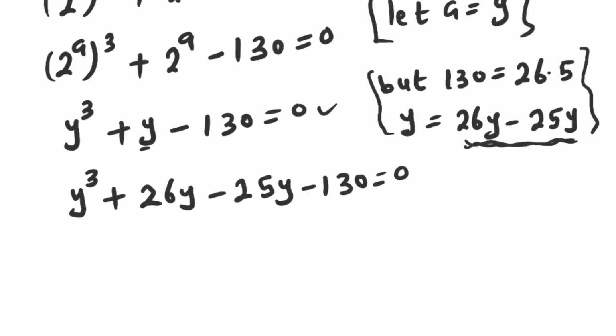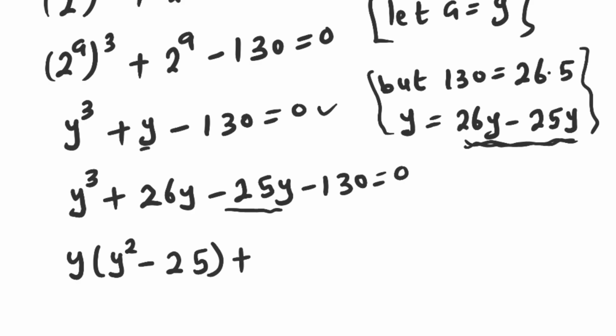Now this can be written as y bracket y square minus 25, then plus 26 bracket y minus 5 is equal to 0.